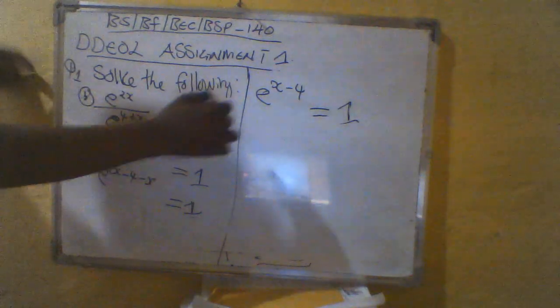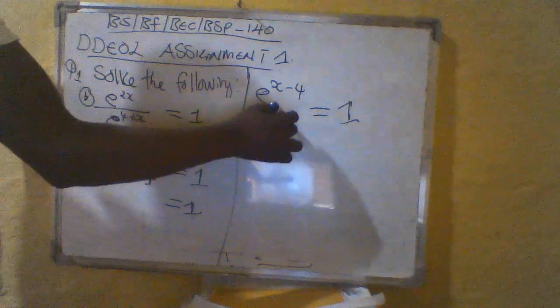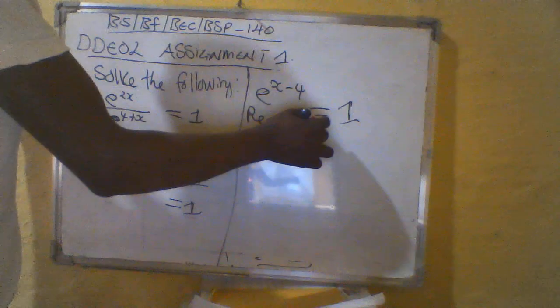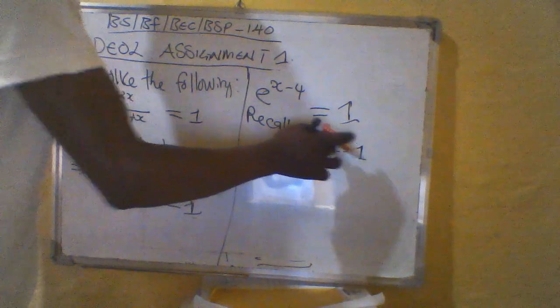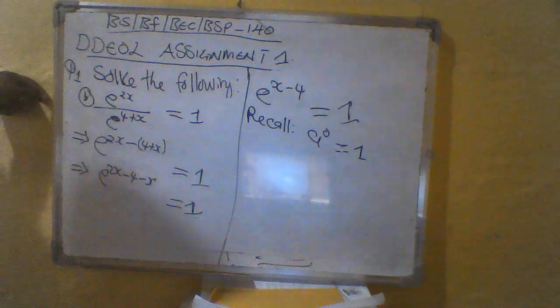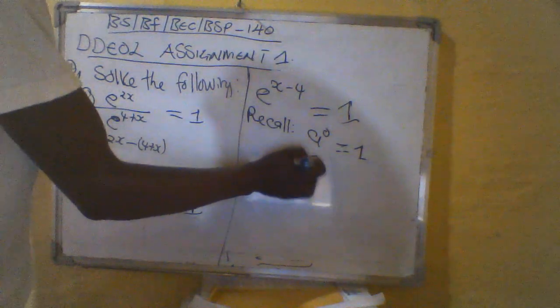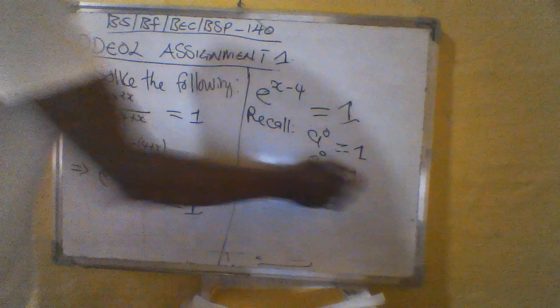Next, what happens? We still recall some properties under indices. What do I recall? Recall that if I have a power 0, this will always give me a what? A 1. So according to indices properties, anything raised to a power 0, we're going to have a 1. It means that even in this case, if I had e power 0, that is the only time I'm going to have a 1.